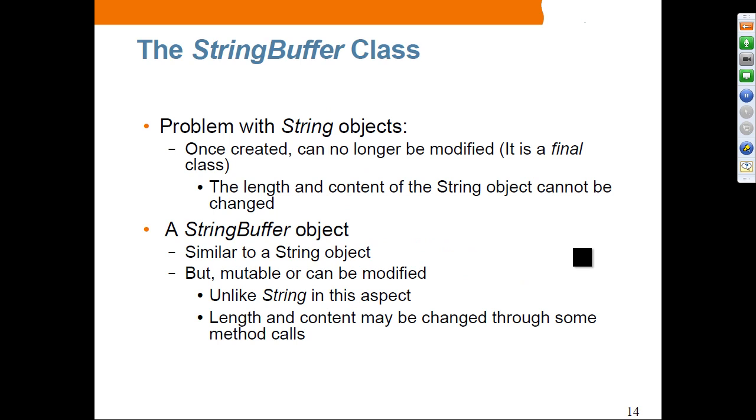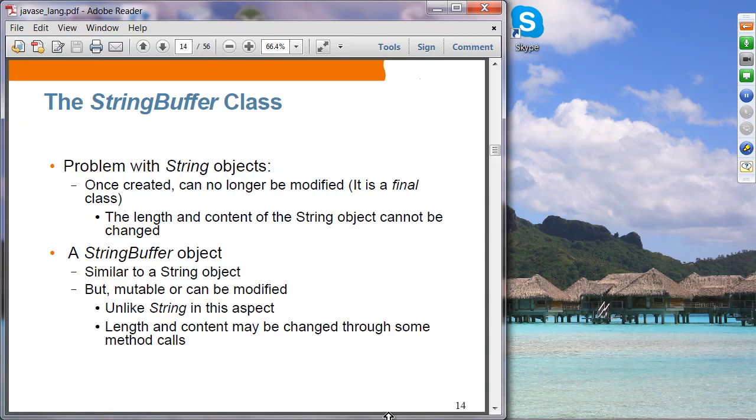StringBuffer class. The StringBuffer class is designed so that, let me actually talk about the usage of string objects first. A string object is final. Let me actually show you.